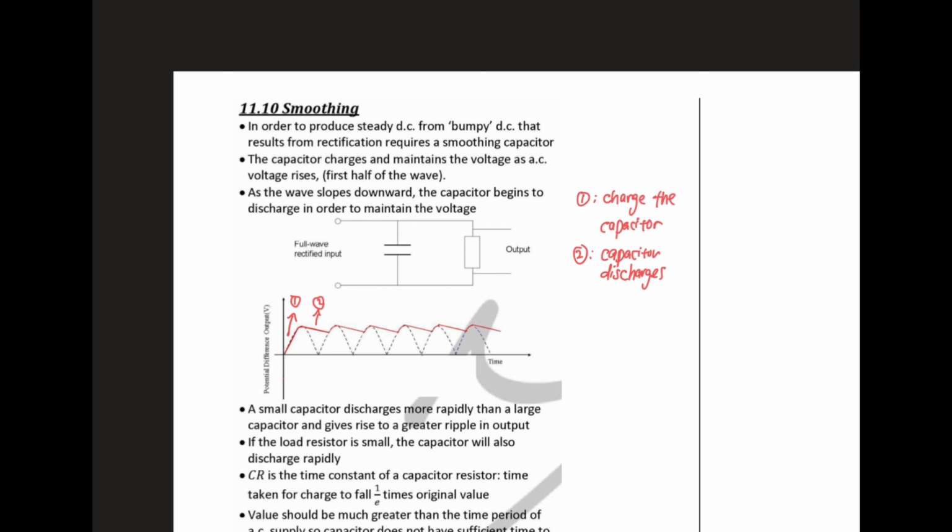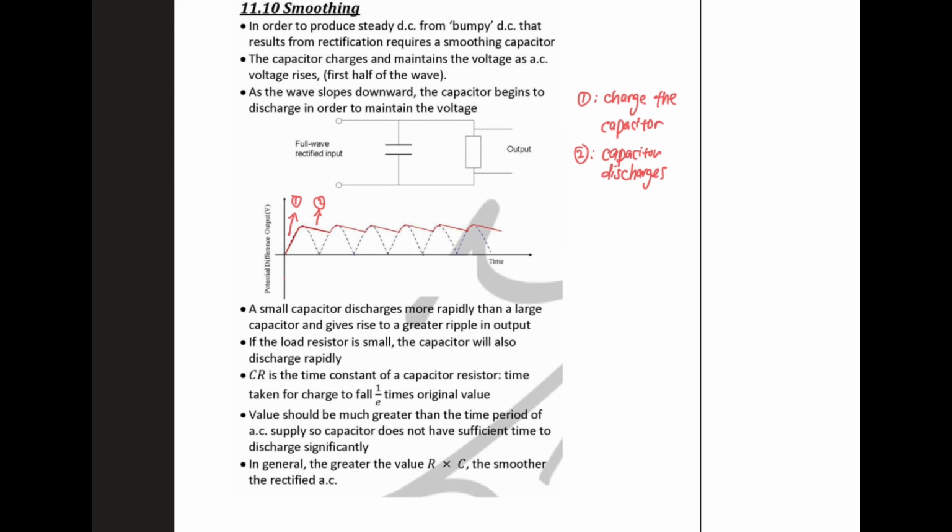What kind of capacitor should we use here? Small capacitance or big capacitance? So they explain it here. A small capacitor discharges more rapidly. They discharge very fast. That means they can discharge and become 0% very fast. Release all their charges very fast.